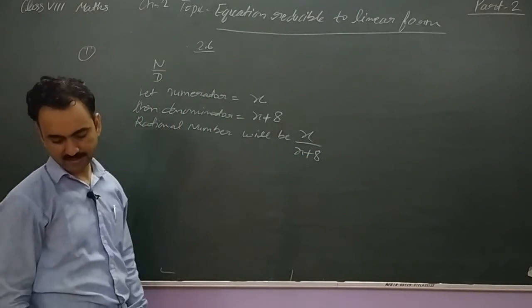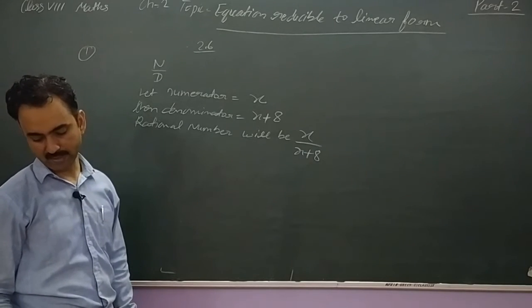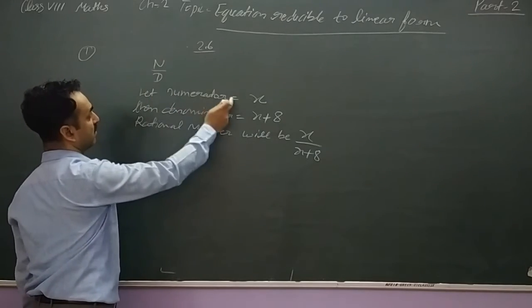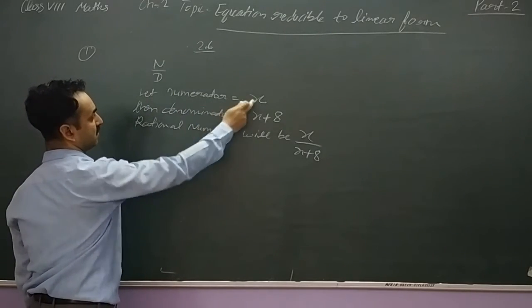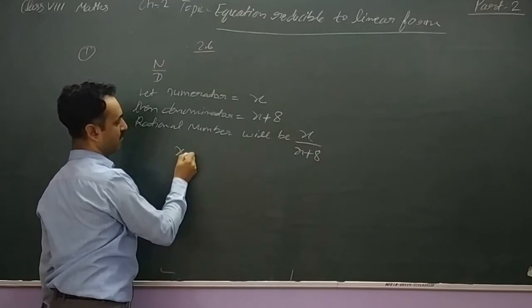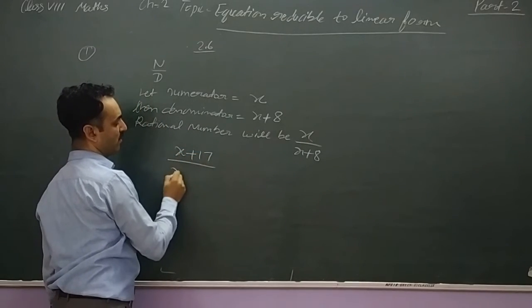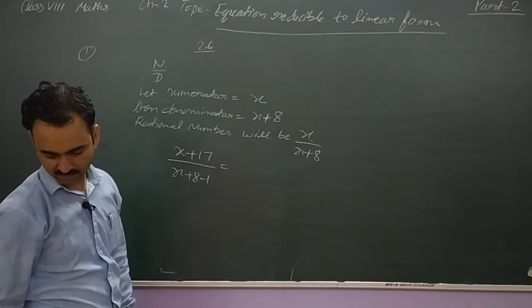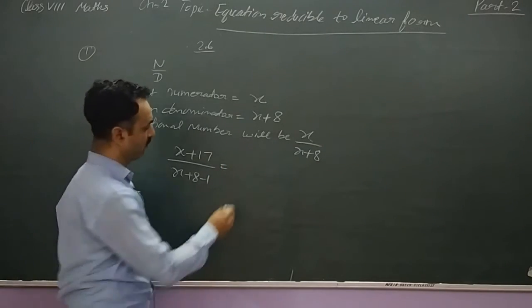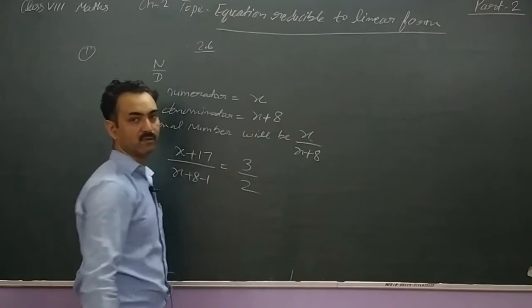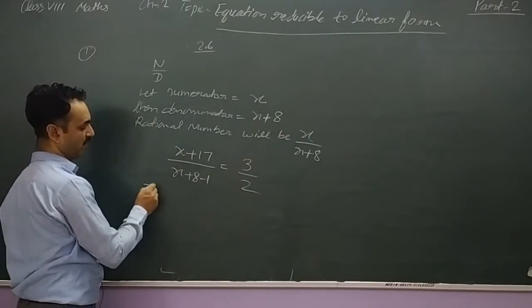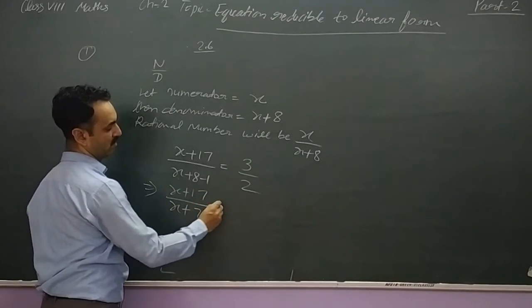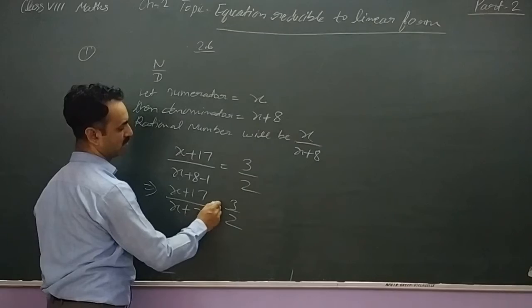If the numerator is increased by 17 and the denominator decreased by 1, so the numerator becomes x plus 17 and the denominator decreased by 1, then the number becomes 3 upon 2, so equals 3 upon 2. So let's simplify. x plus 17 upon x plus 7 equals 3 upon 2.